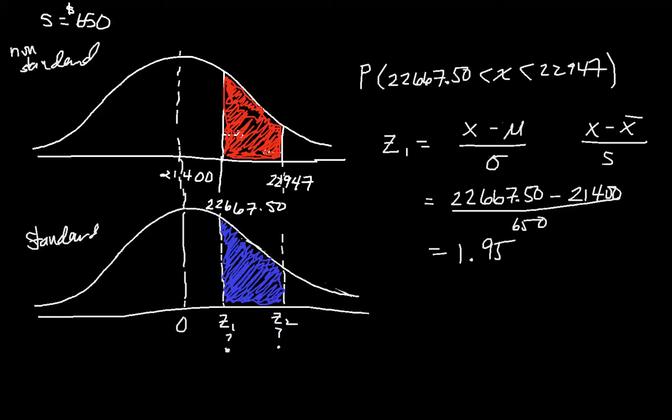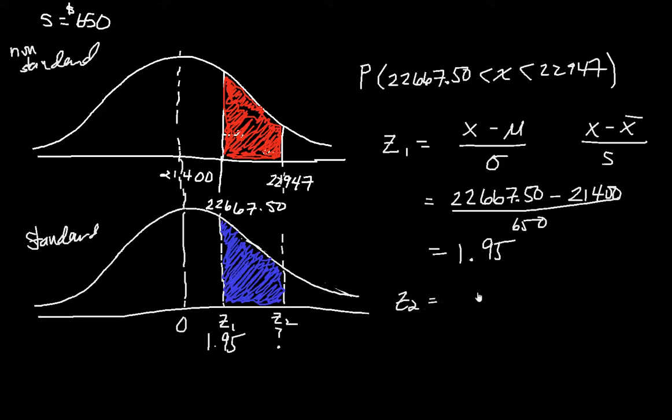So I know now, let me erase this question mark, I know now that z1 is 1.95.